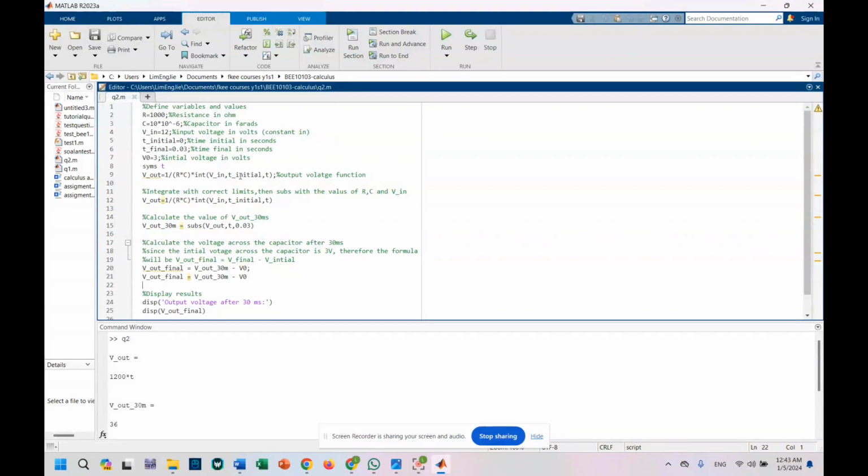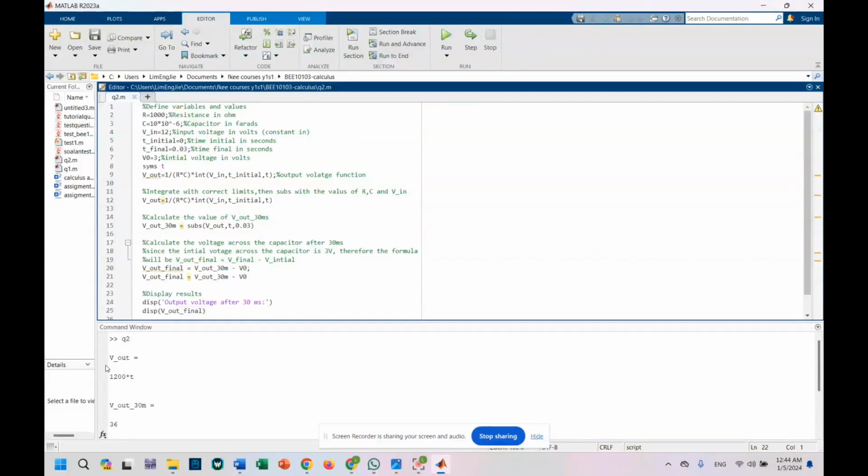I break it like this. This is the function I want to integrate, this is the lower limit, and this is the upper limit, the time. And on line number 12, I start to integrate. I just copy and paste it.